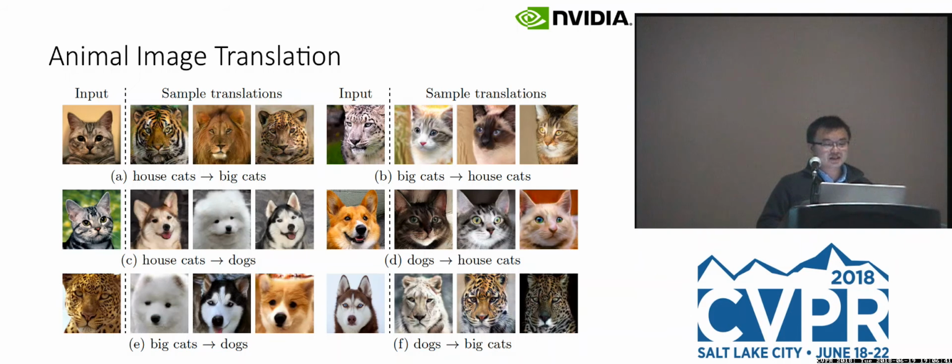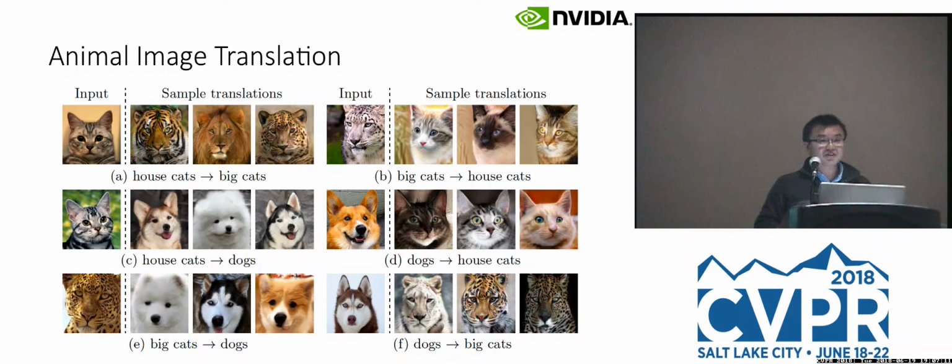For big cats, the distance between the eyes and the mouth is usually longer than house cats. So when you do the translation, you will see the location of the eyes move. So this is beyond style transfer, beyond changing the textures of the input image. You also change the geometry a bit.